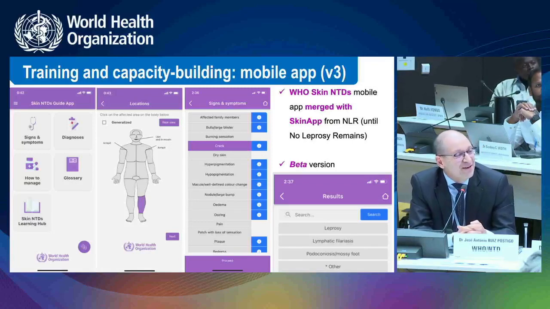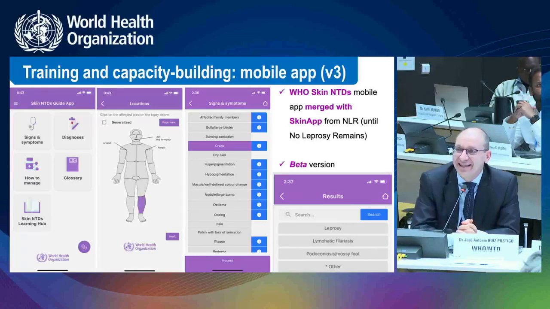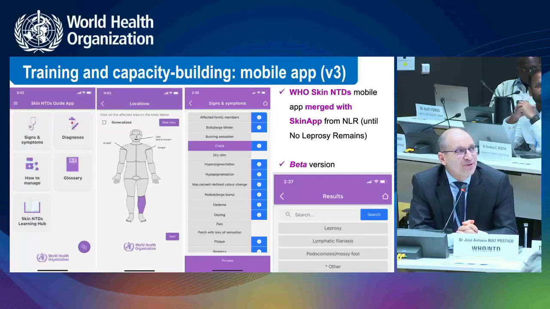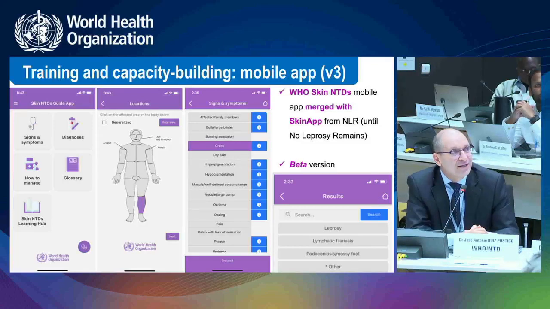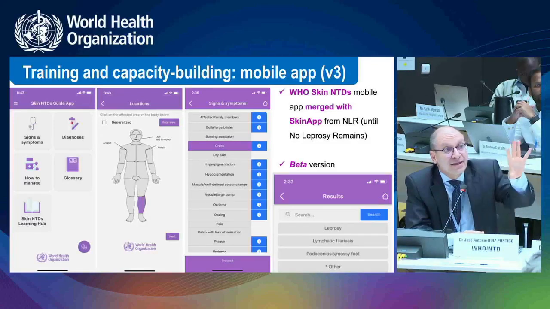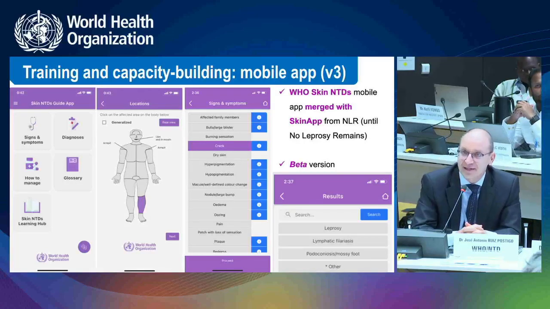So they were very kind and we worked together, so we copy-pasted their app into the WHO app so that we now include common diseases. This is a beta version. Hopefully you will have it in your phones within a month. We are just double checking and fine tuning some of the content. Next, please.